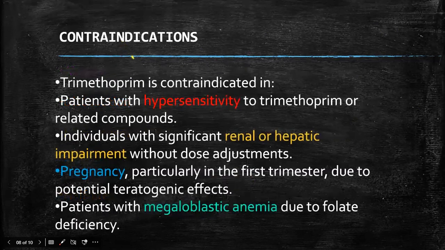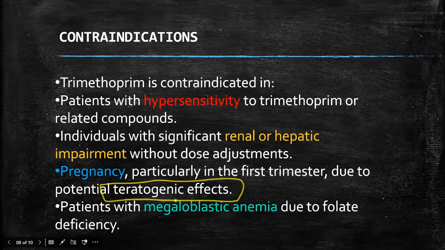Next, contraindications. Those patients who have a hypersensitivity reaction to trimethoprim or sulfamethoxazole should not take this antibiotic. Individuals having renal or hepatic impairment should also not take an antibiotic like trimethoprim. During pregnancy, specifically in the first trimester, due to the potential teratogenic effect.